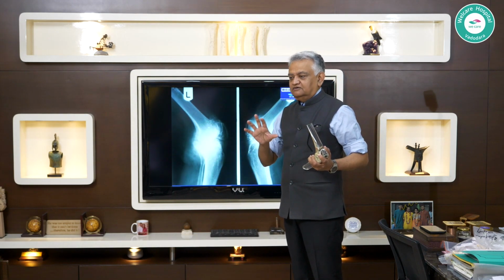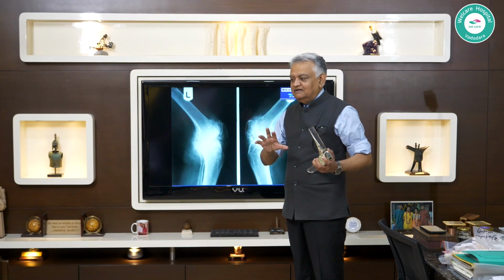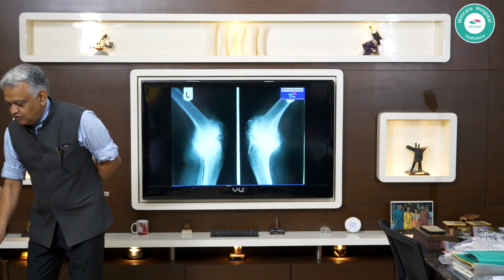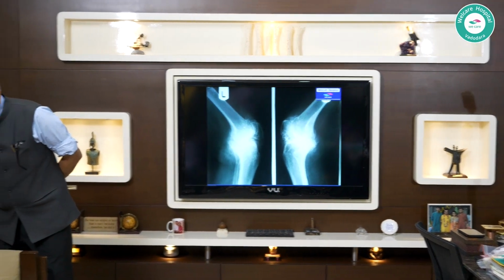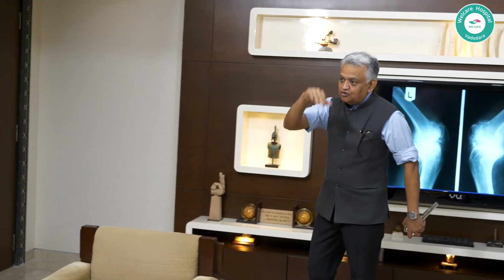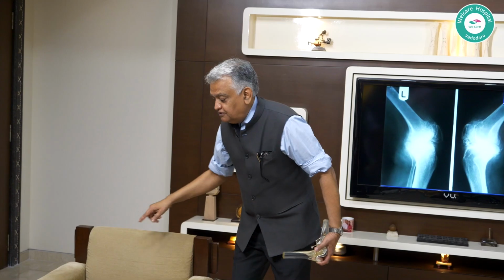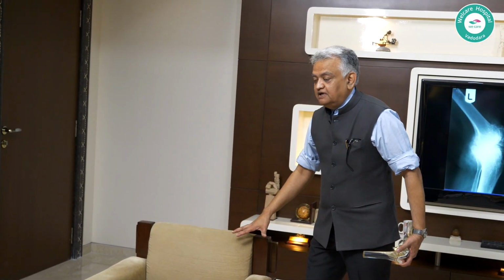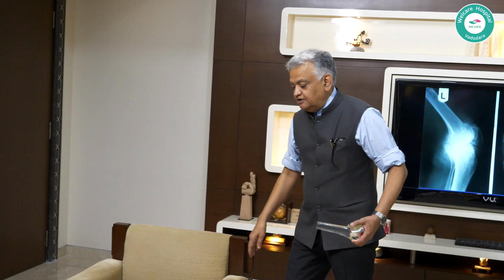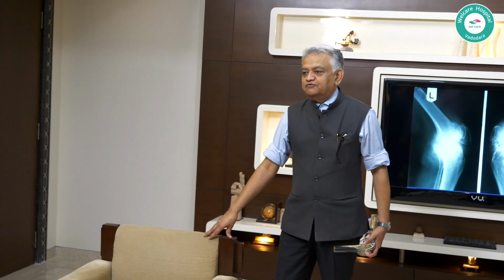So all you are giving as data to this navigation brain is, in this sofa's example, 1 point from here, 1 from here, 2, 3 from here, 1, 2, 3 from here, and then there is an algorithm already fed in that overall a sofa will have this type of a geometry. So the navigation puts 2 and 2 together and conjures up the overall shape of the sofa.